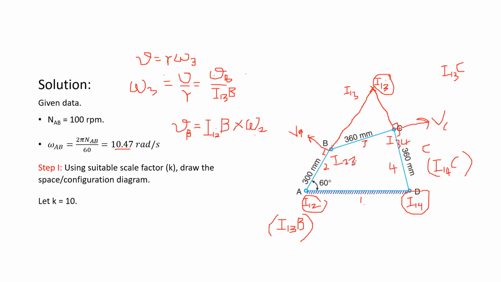Right. Now, how many ICRs are there in this mechanism? Number of links are 4. Okay. So number of ICRs will be 6. So out of 6, 5 are known. 1 is unknown. Okay, which is that one unknown?